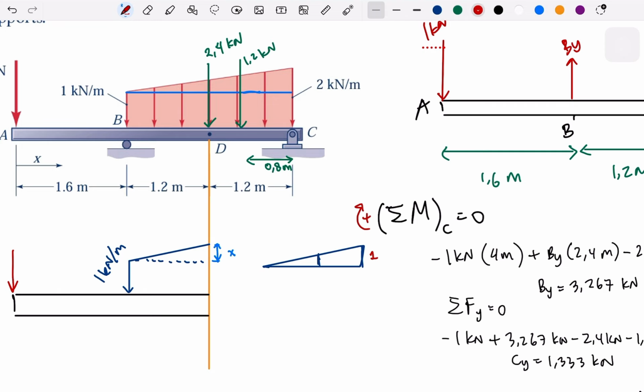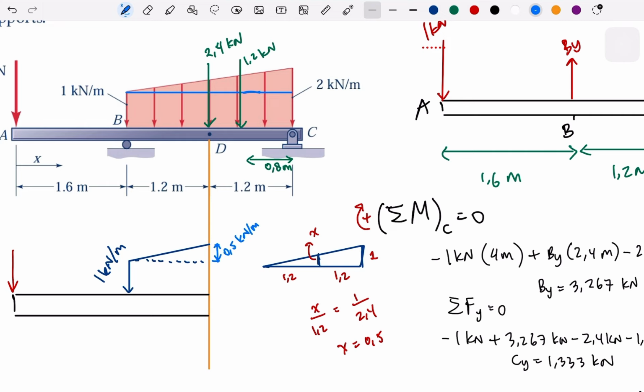So this is 1, let's say this is 1.2, this is 1.2, right? So we have x here. So x over 1.2 is equal to 1.2 over 2.4, which means x is 0.5. So this could be 0.5 kilonewton per meter.